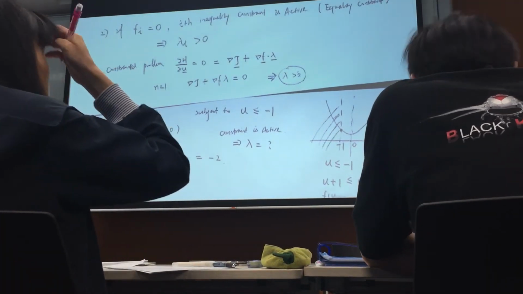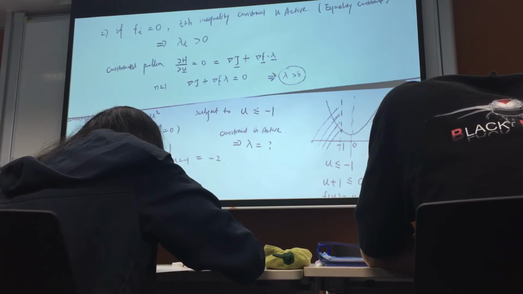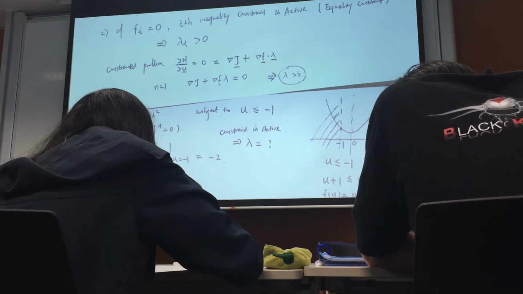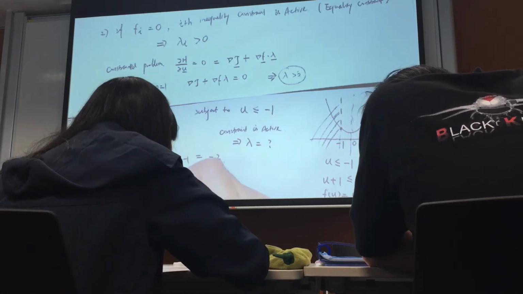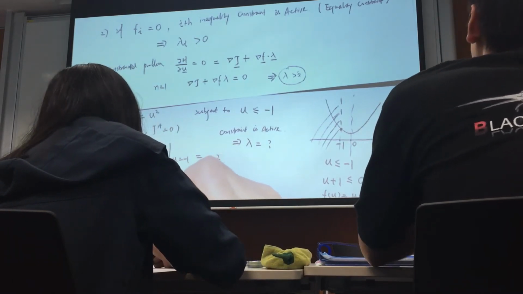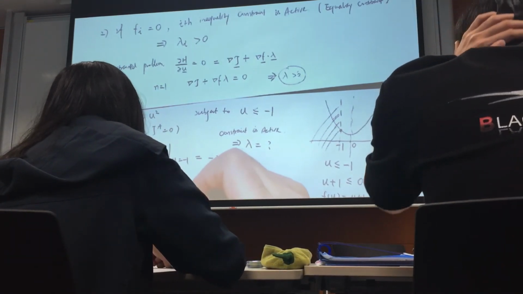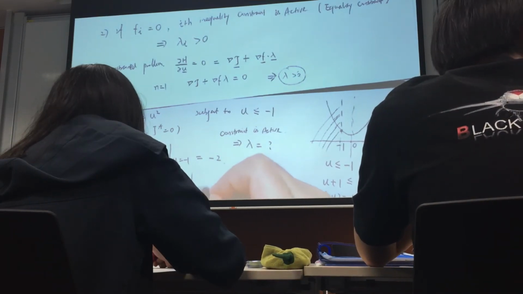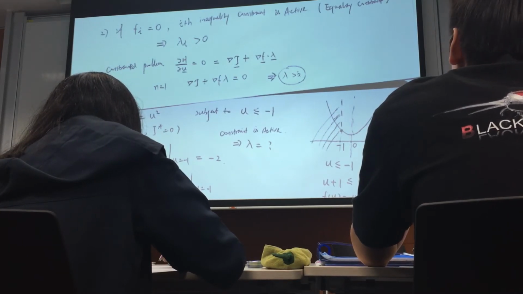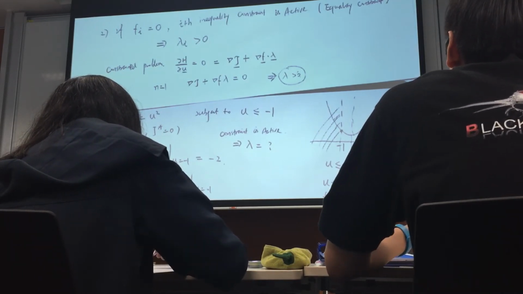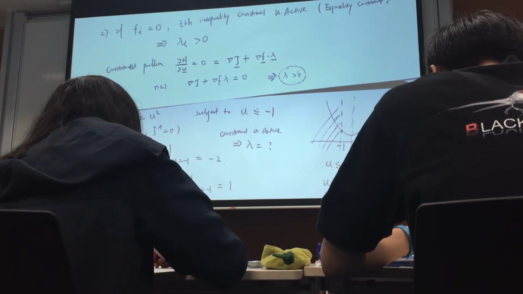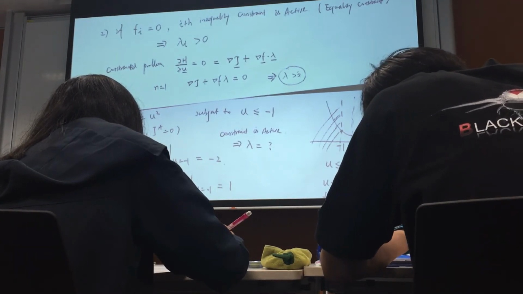So we know the f(u) is defined by u plus 1. So the dF/dU is given by the derivative of u plus 1 at u equal to minus 1. We know that d(u plus 1)/du is a constant regardless of your u. So this equal to 1.